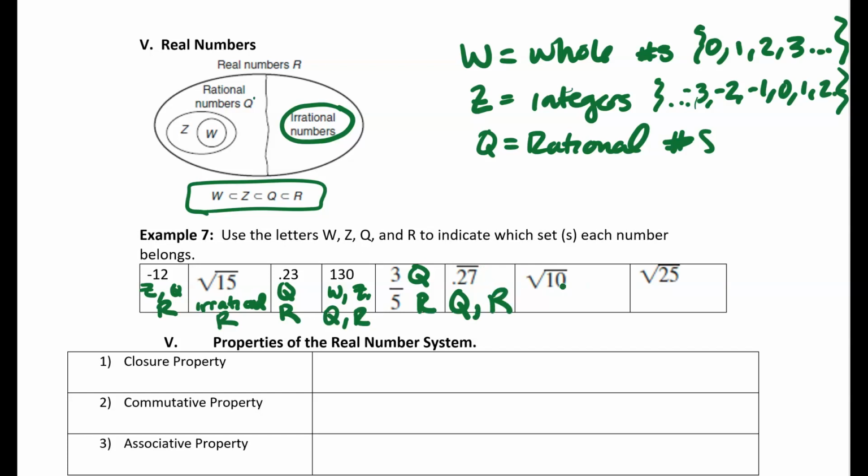Square root of 10 is not a perfect square, and if you put this in your calculator, you get a decimal that doesn't repeat, it doesn't end, so it's considered irrational, and it would also be real. And then square root of 25, 25 is a perfect square that's just equal to 5, so that's considered a whole number, and that means it would also be an integer, rational, and real.